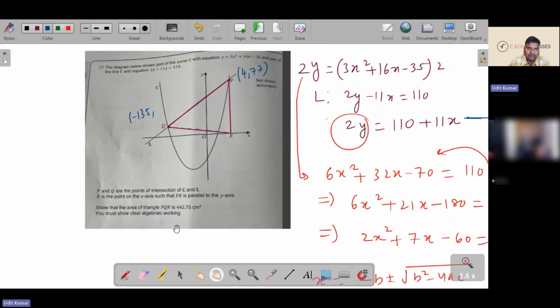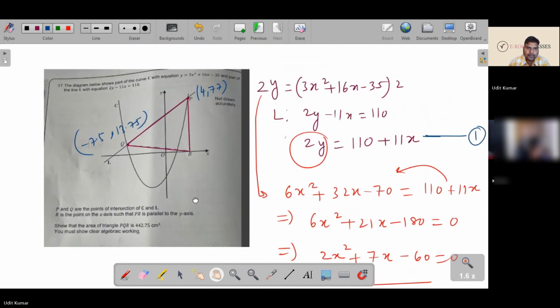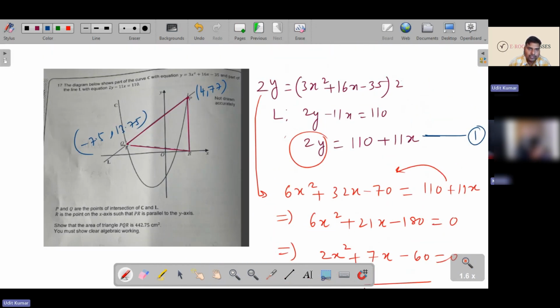So that is the coordinate for Q. This is the coordinate for P. And if this is the coordinate for P, then R will be 4, 0, because it's on the straight line.